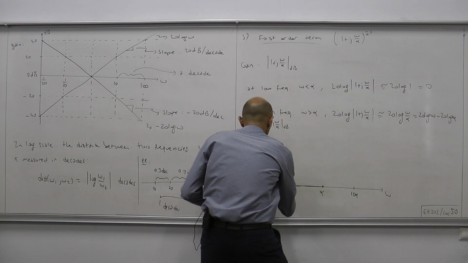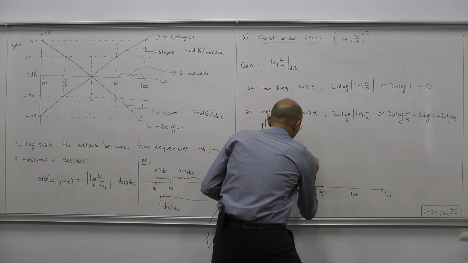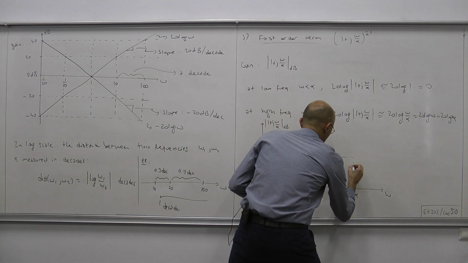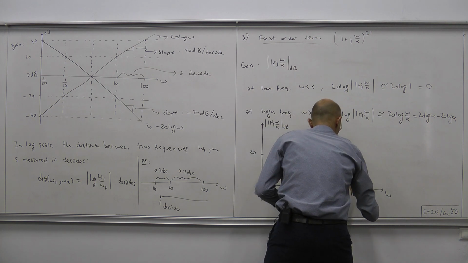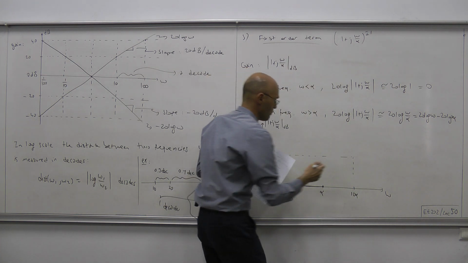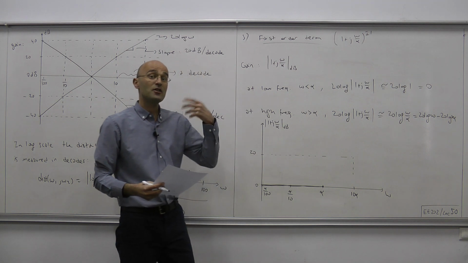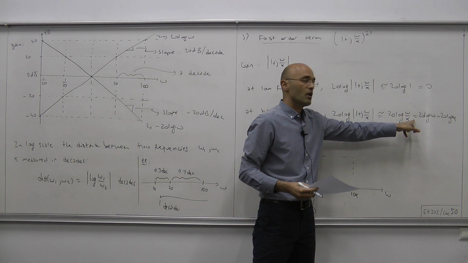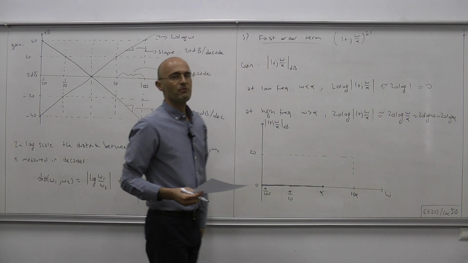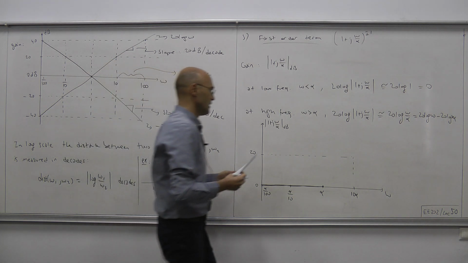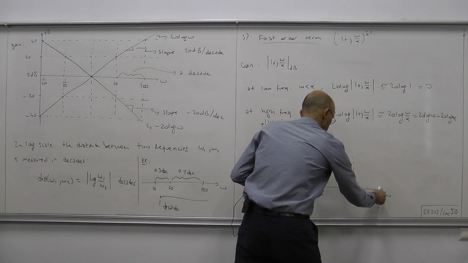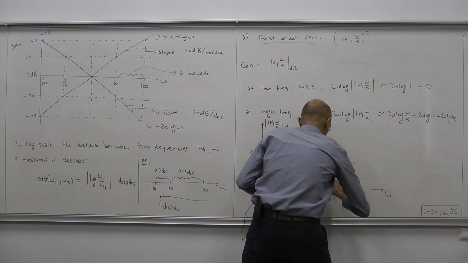So at 10 alpha, we're passing from this point. At 100 alpha, 100 alpha over alpha is 100, 20 log 100 is 40. So at 100 alpha, we're at 40 dB and so on.